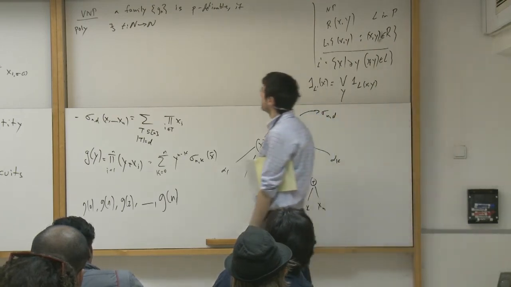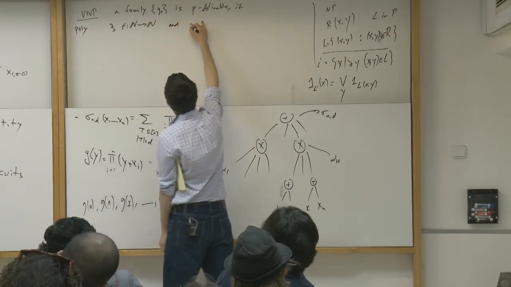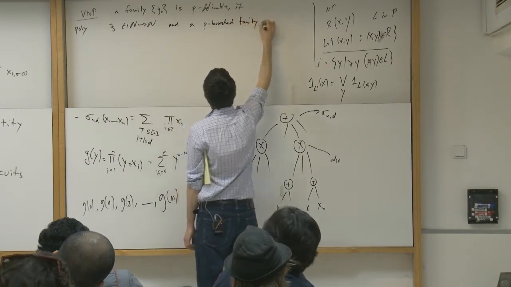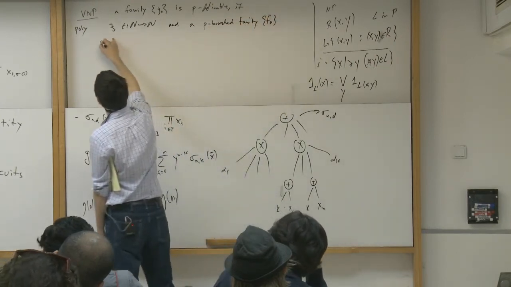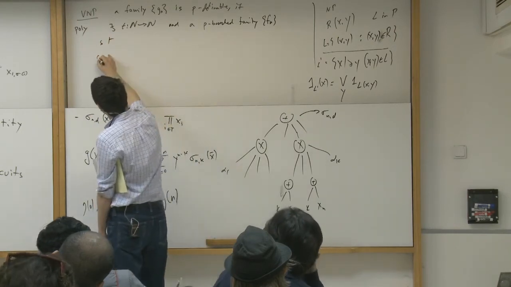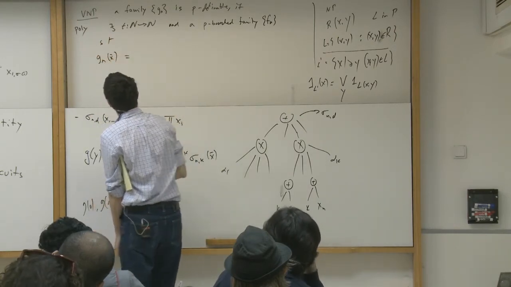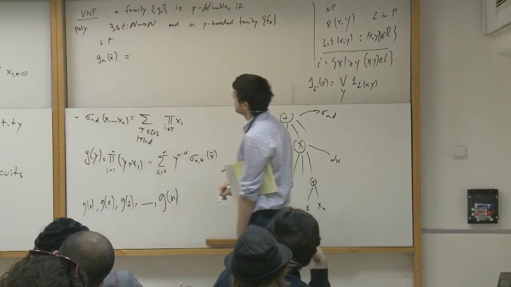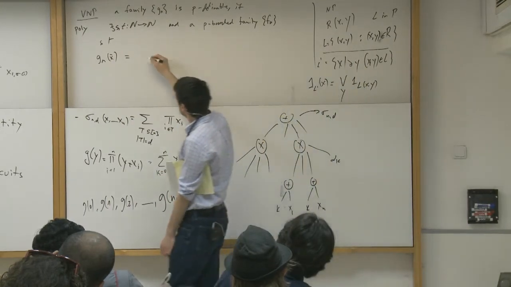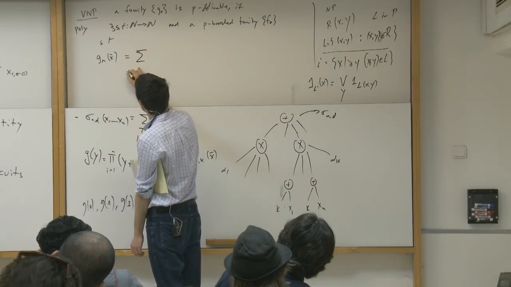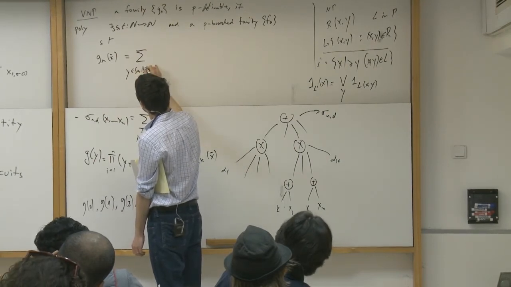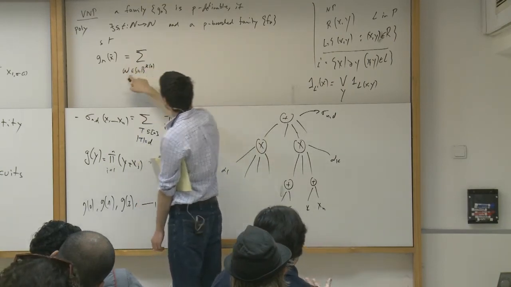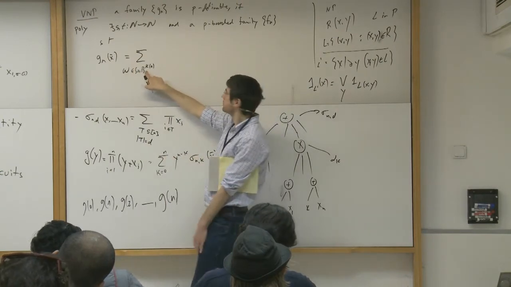So there is a P-bounded family Fn such that Gn of x... maybe I need two polynomials. First of all, the witness, maybe you can call it W, will be of length polynomial in the input length.